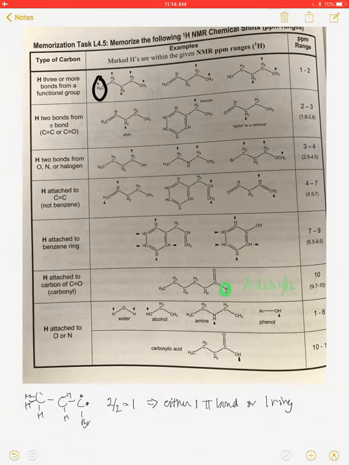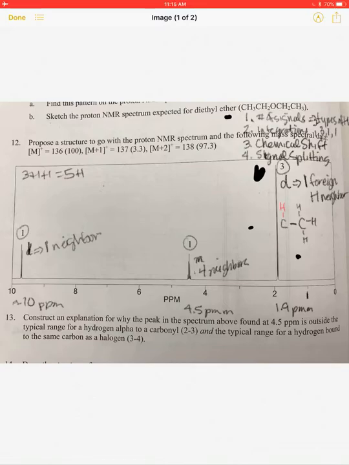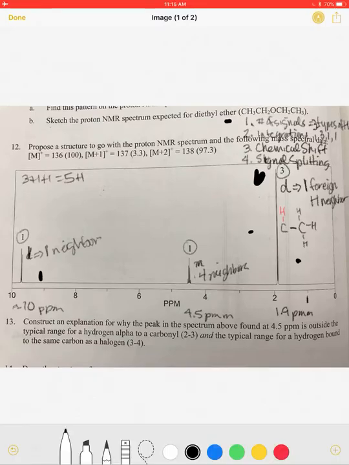Okay, so let's draw that in up here. So that's a hydrogen. Again, let me change my pen color and type of pen here. Okay, so that's a hydrogen that's on a carbon.